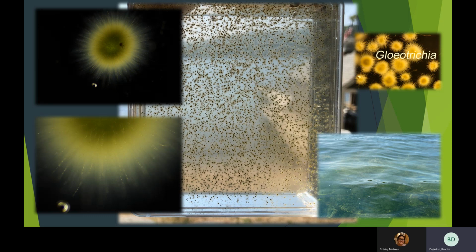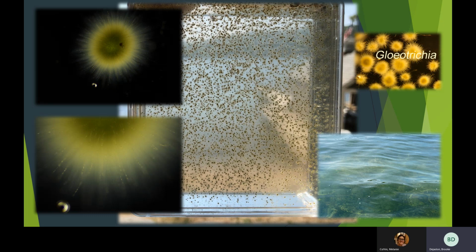So what's good about Gloeotrichia is that this cyanobacteria is very large. You don't really even need to bring them under the microscope to identify them. Once you become more familiar with what these things look like, you can just grab a scoop of water and look through a clear glass and say, yeah, that's Gloeotrichia. And you can count each individual colony.